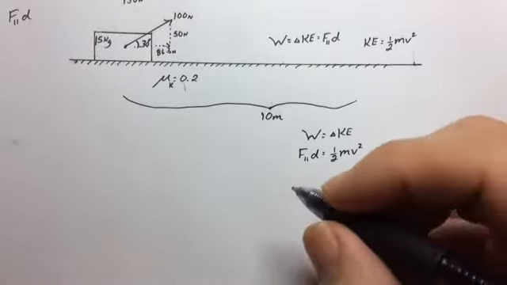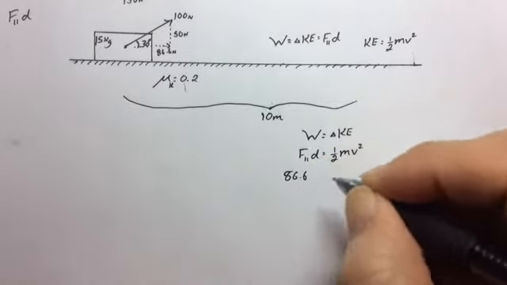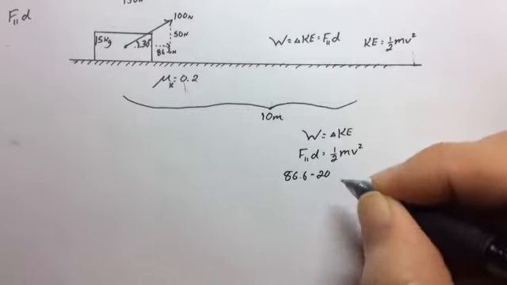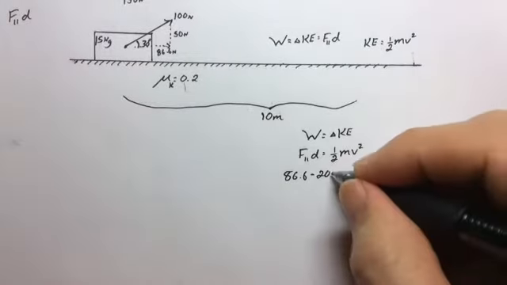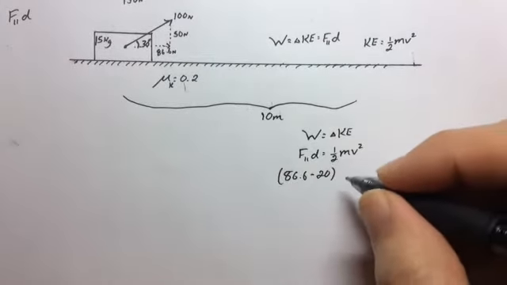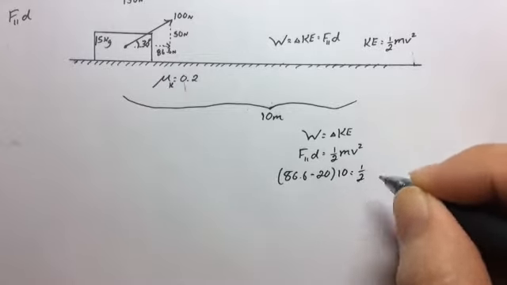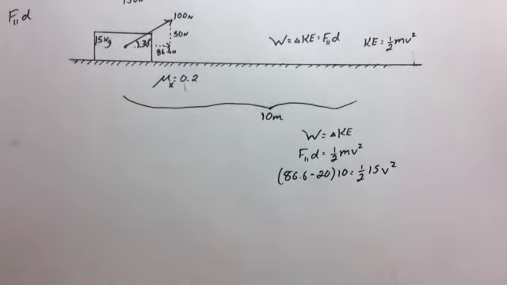The force that we have here is twofold. We have 86.6 newtons trying to make it go faster. We've got 20 newtons trying to make it go slower. And we already knew that was 66.6. I'm just writing it out. Both of these forces act for 10 meters. And that's going to equal 1/2 the mass, 15, times the velocity squared.